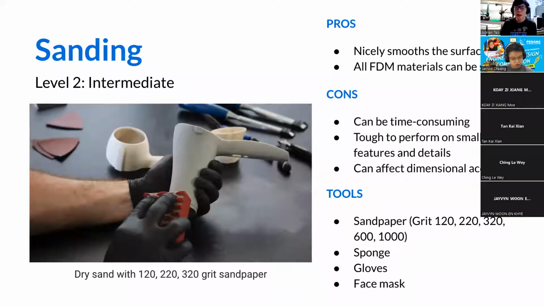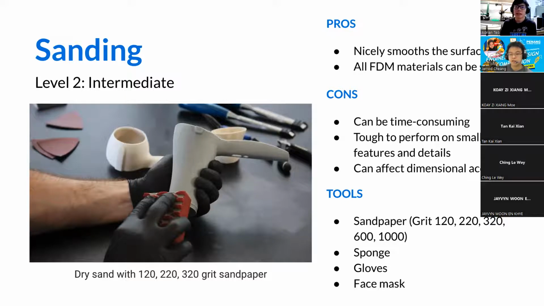All the sandpapers I bought, all the tools that I got, are from Mr. DIY. You can get everything that I get in Mr. DIY. The disadvantage of sanding is it's time consuming. You need to be very patient with your parts. You have to sand and sand and sand over time.